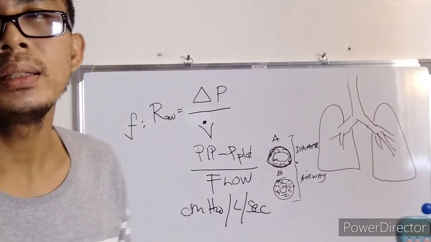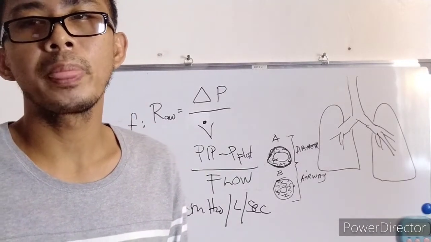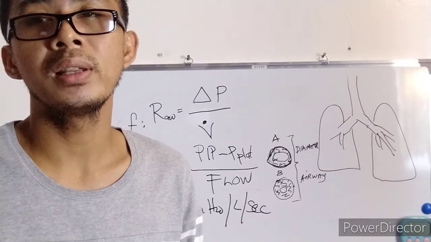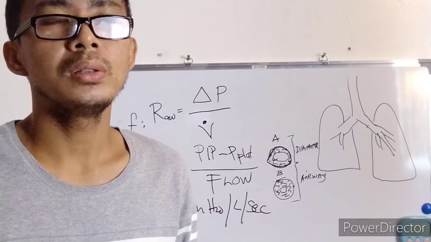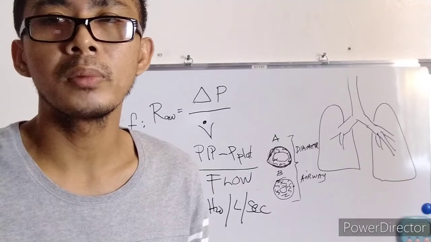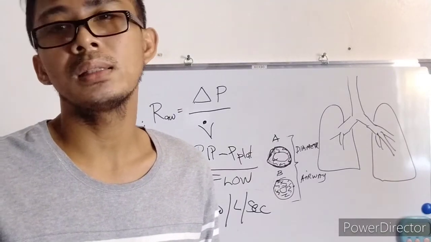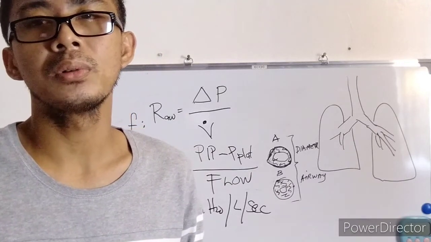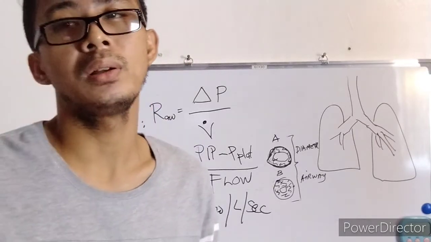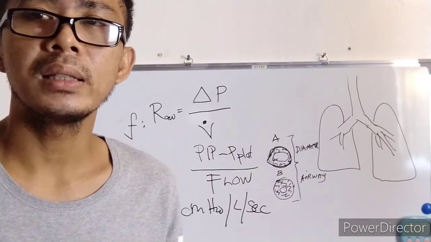So if the flow rate given is 60, you will have a denominator of 60 over 60, which is equivalent to 1. You don't need to compute further; if the inspiratory flow rate given in the problem or in your quiz is 60, then 60 over 60 is 1. So you always need to convert minutes into seconds. You are guided by your activity.